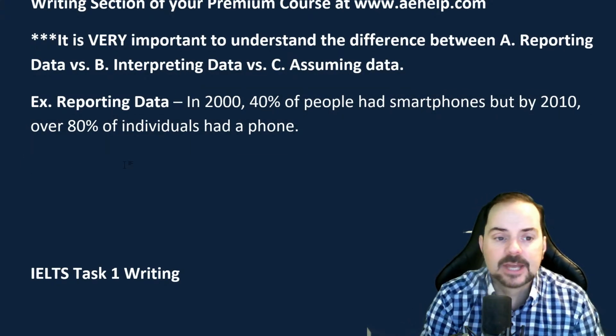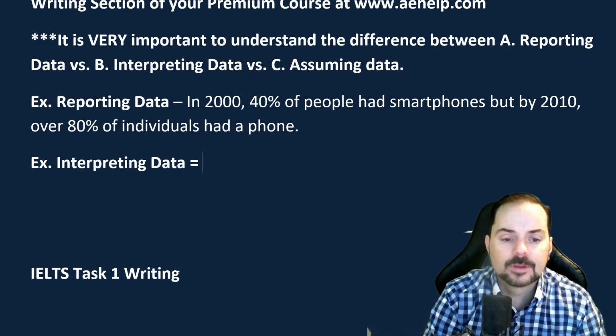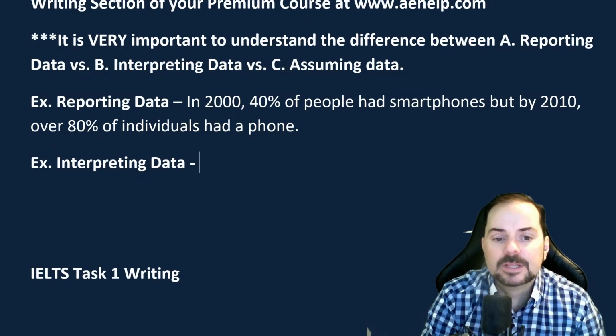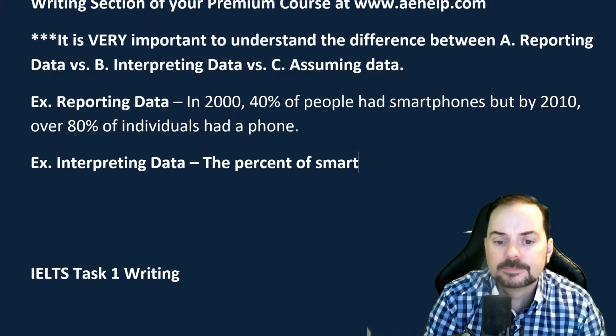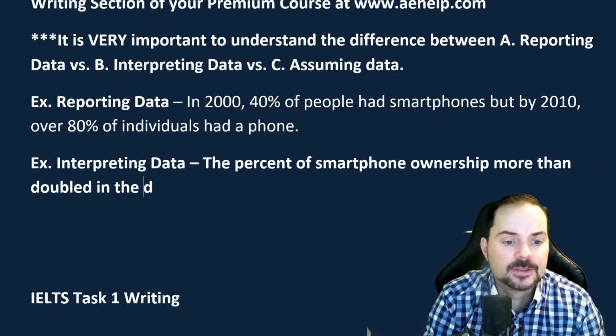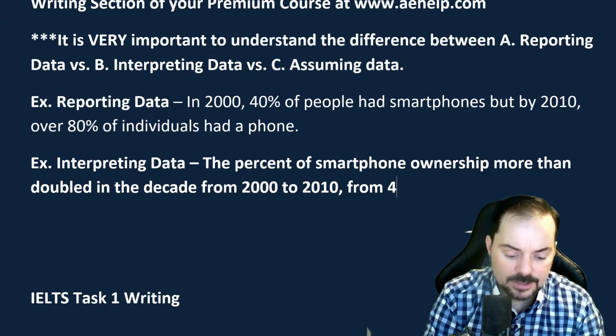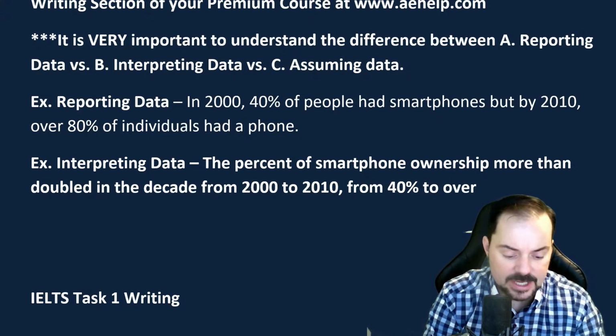Now interpreting data would be like this. The percent of smartphone ownership more than doubled in the decade from 2000 to 2010, from 40 to over 80%.